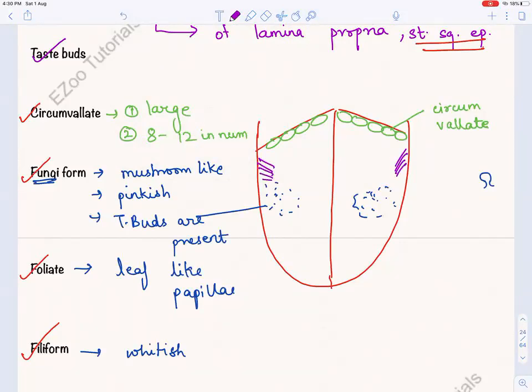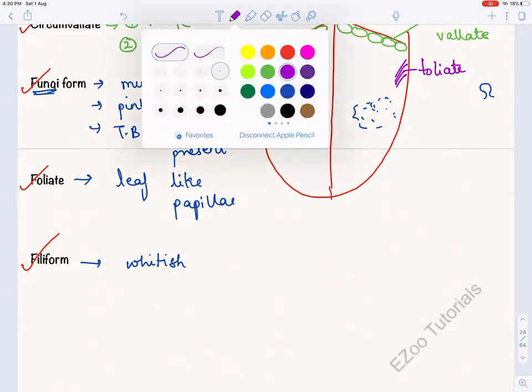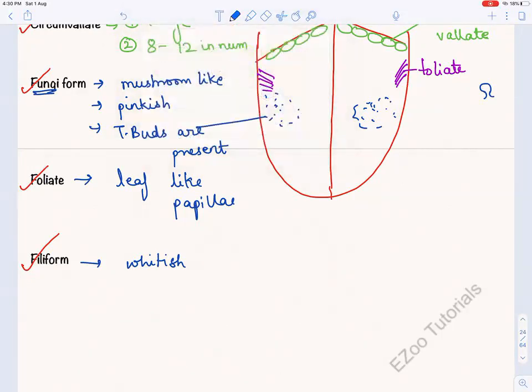The foliate are leaf-like, and filiform are whitish, and they are many. They form the front 2/3 of the tongue. So these are filiform.